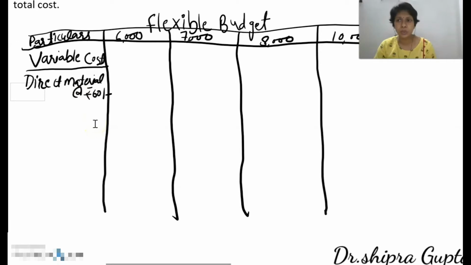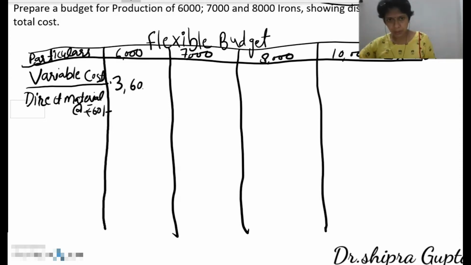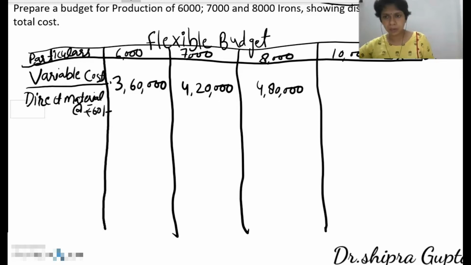The per unit rate is given, so we will multiply direct material 60 rupees by the different units. 60 multiply 6,000 for 6,000 irons, we will get rupees 3,60,000. Then 60 multiply 7,000, we will get 4,20,000. Then 60 multiply 8,000, we will get 4,80,000. And then 60 multiply 10,000, we will get rupees 7 lakh.